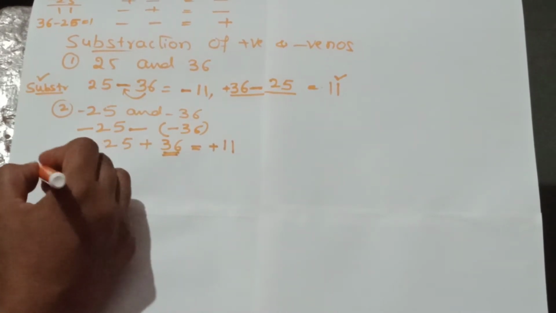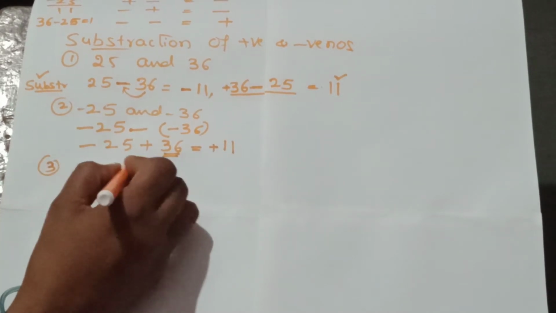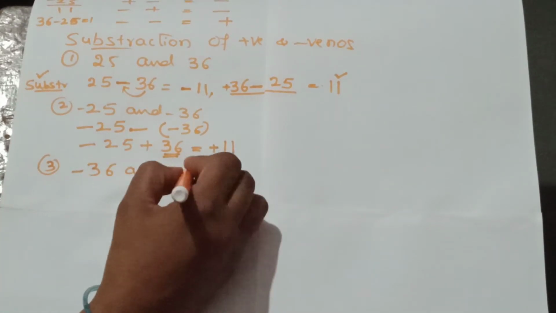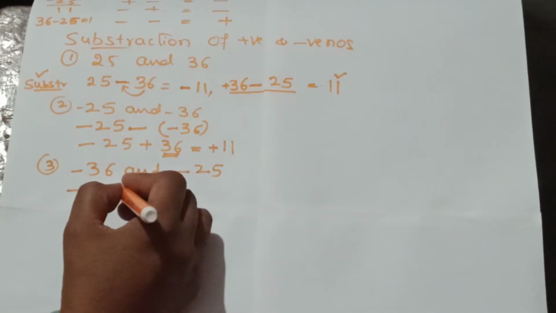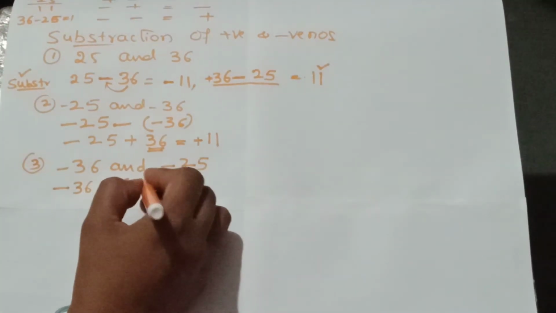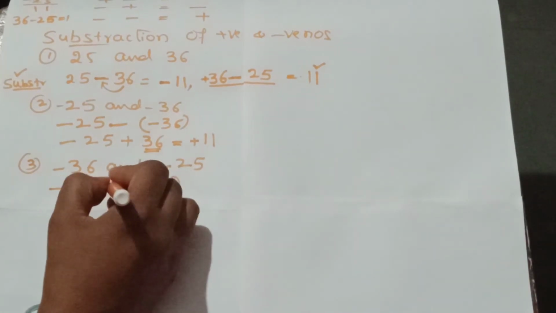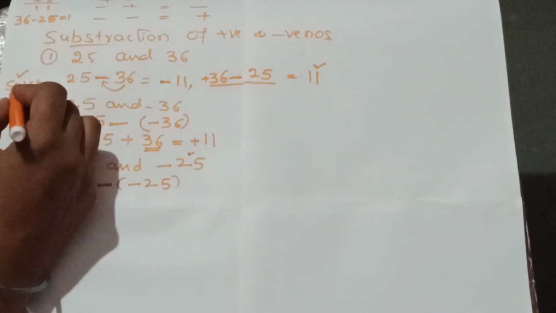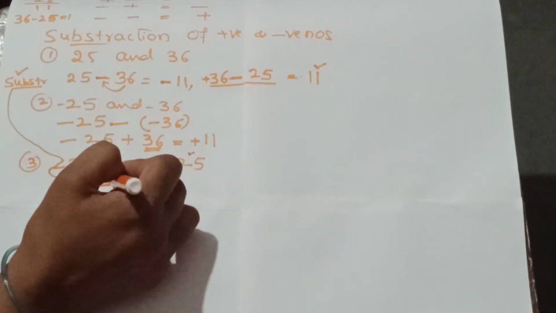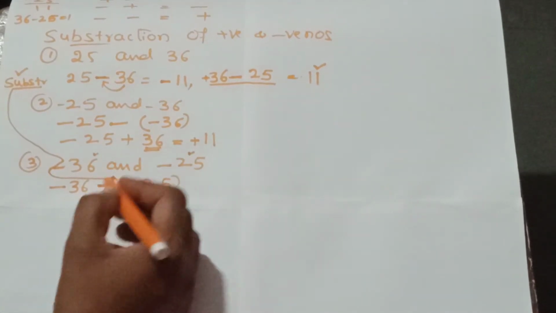Let me continue with the same thing. Suppose we have minus 36 and minus 25. So what will you get here? Minus 36 minus of minus 25. Why this minus? Because we are subtracting these two numbers; the operation told us to do a subtraction, so this sign comes.